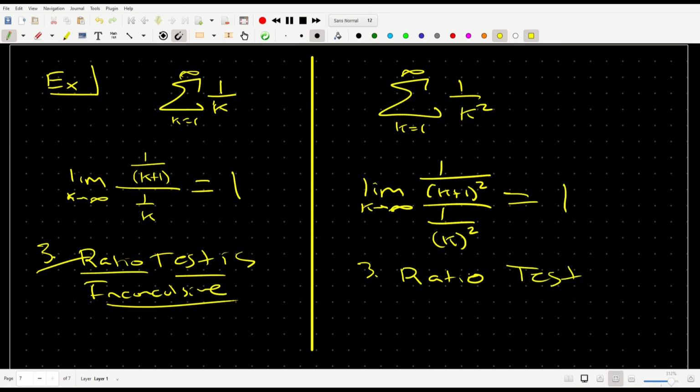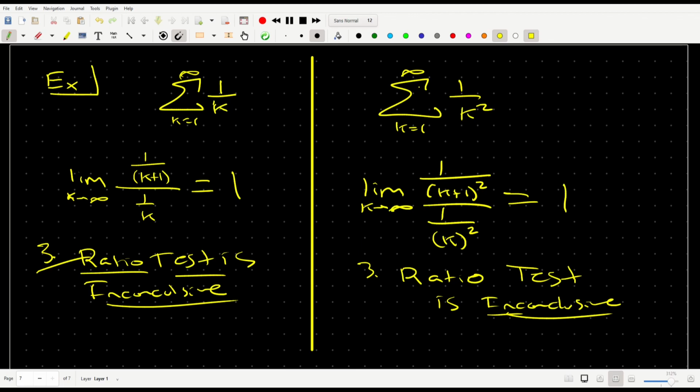So even for the p series with p equals 2, the ratio test is inconclusive. Of course, we know that this series converges because it's a p series with p greater than 1, but we cannot use the ratio test to show this.